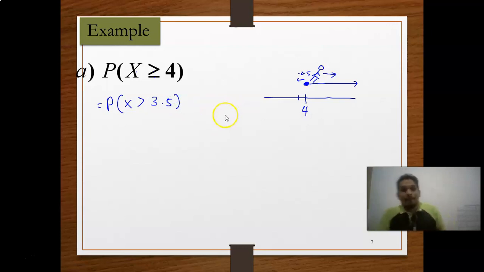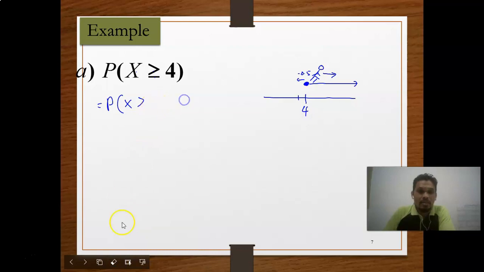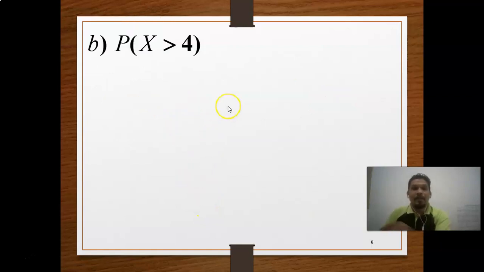Okay, class, I think that you're going to write it this way here. 4 minus 0.5 is x greater than 3.5. 4 minus 0.5 equal to 3.5. For x greater than 4.